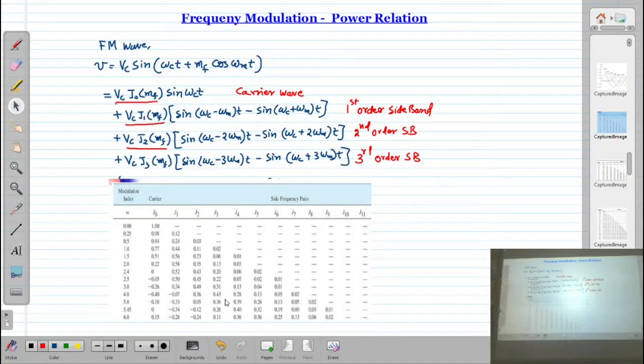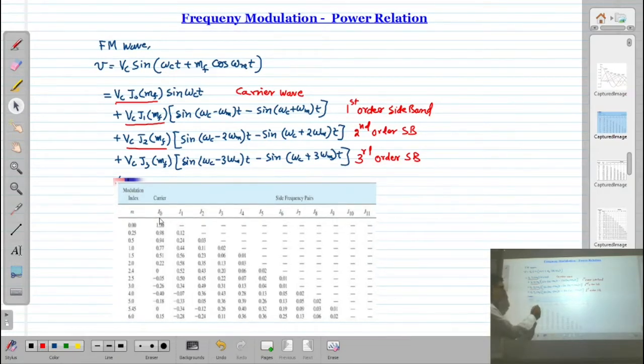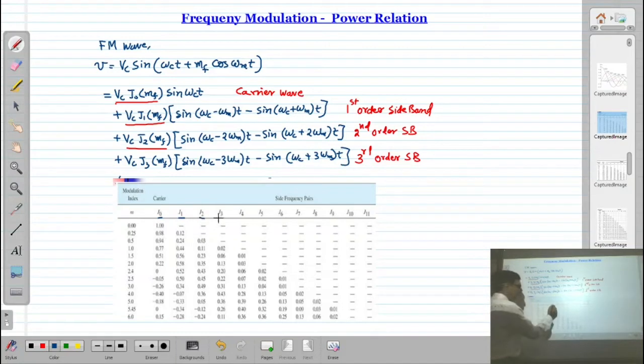Here you can see the modulation index goes from 0.25 to 1.52. Then for these different values of the modulation index, what is the amplitude of the carrier wave? This represents the amplitude of the carrier wave. This is the first order sideband, second order sideband, third order sideband, and I already explained the table in the previous lecture.